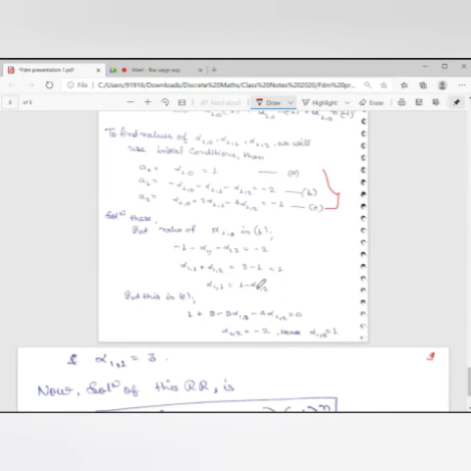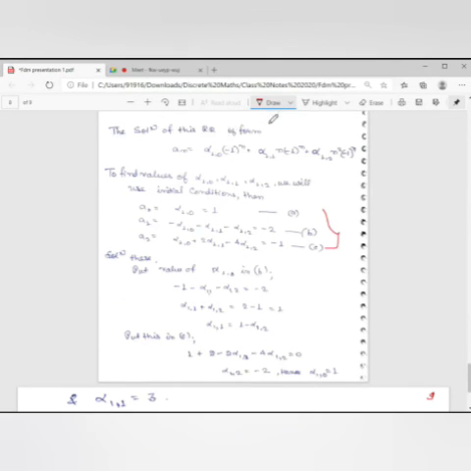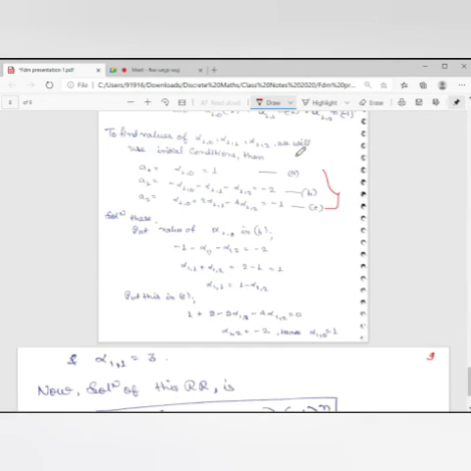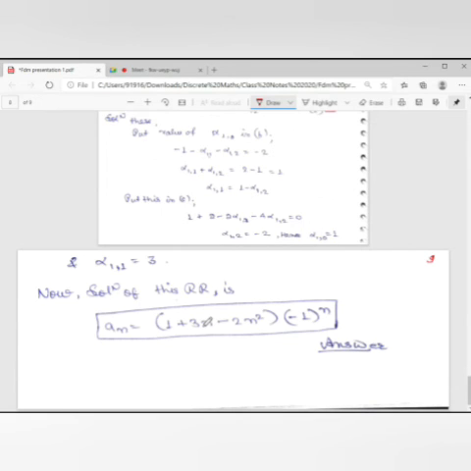On putting the value of alpha 1,2 in this equation, we get alpha 1,1 = 3. Now put the values of alpha 1,0, alpha 1,1 and alpha 1,2 in this equation. We get an = (1 + 3n - 2n^2)(-1)^n. We have taken (-1)^n common. It is the final answer.